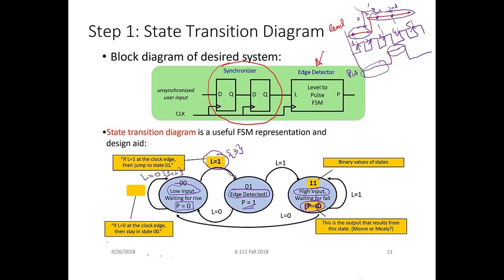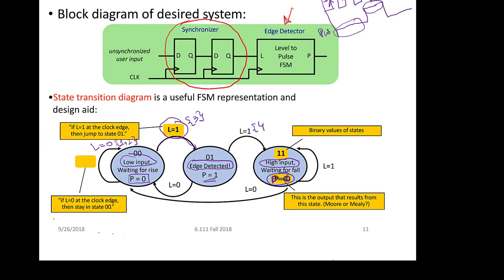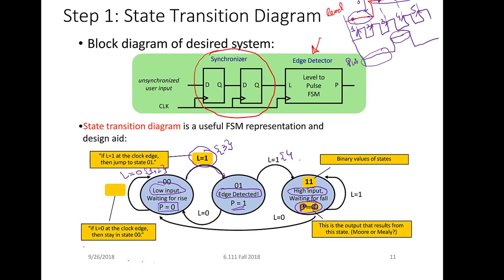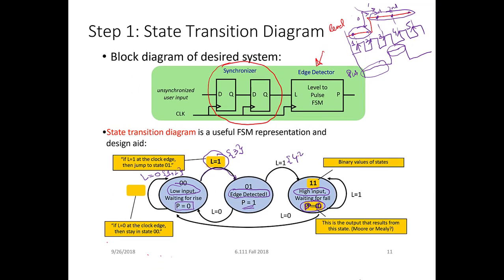Now if you are in the edge state and you check the input again and it is 1, we are talking about the fourth cycle. In the fourth cycle, your output should be low. So we move to the next state, the output is 0, and we name the state input is high.